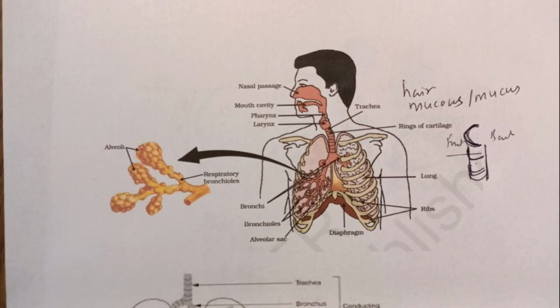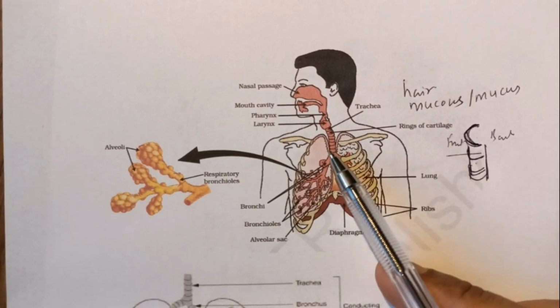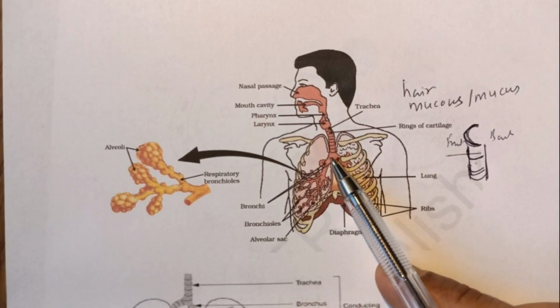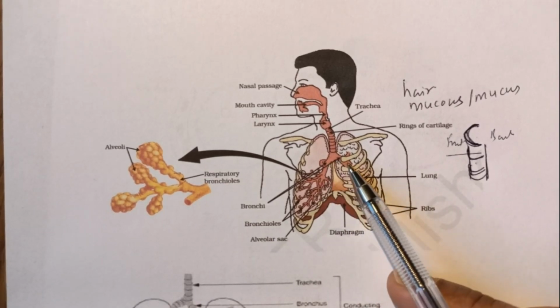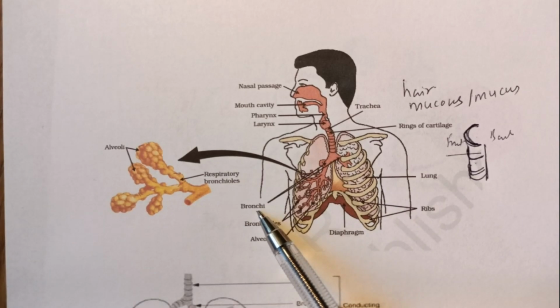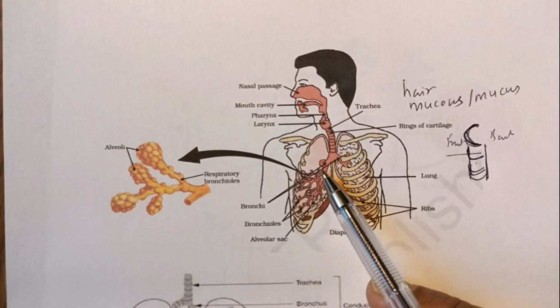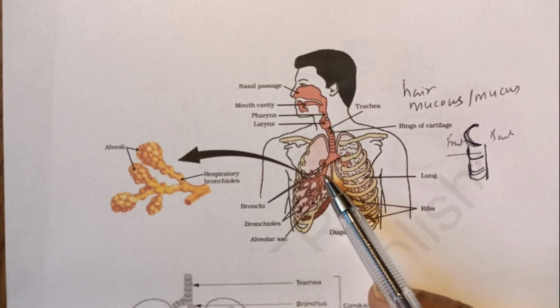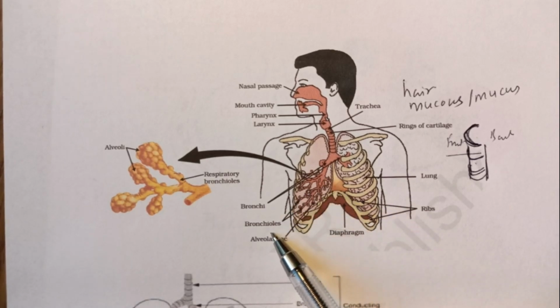In the lungs, the passages divide and subdivide. The trachea divides into two bronchi. Look at this: one right bronchus, one left bronchus, and two bronchi. Bronchi divide into bronchioles, which are smaller passages.